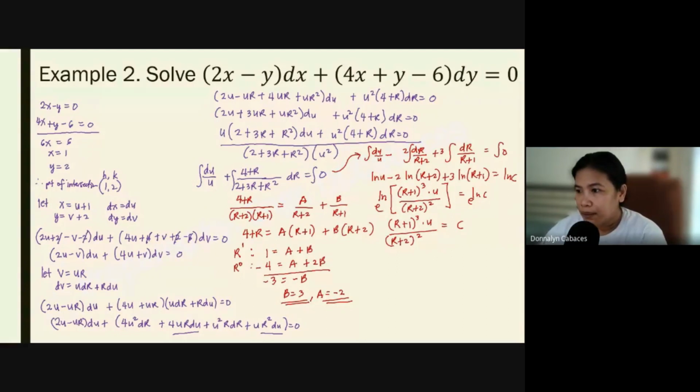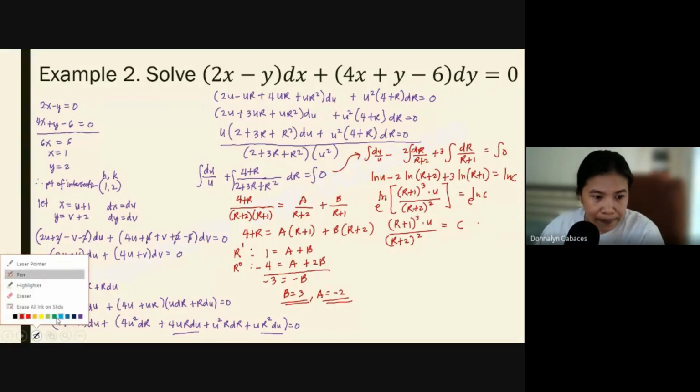Then, let's return our variable to u and v. What is r? This is r. So r is v over u. Let's use another color again so we won't be confused. Let me use blue color.